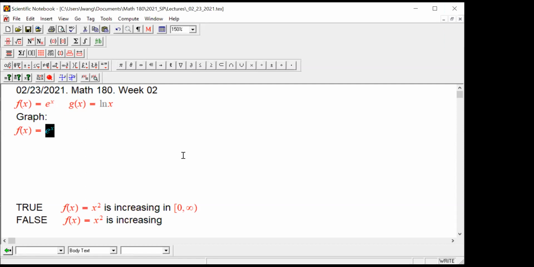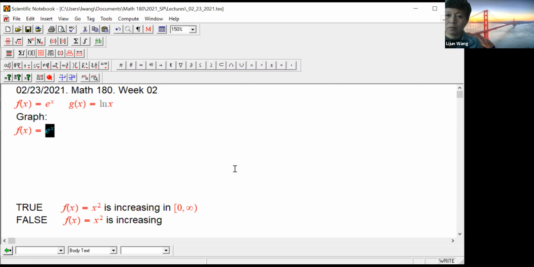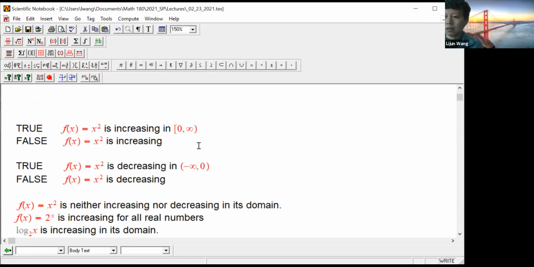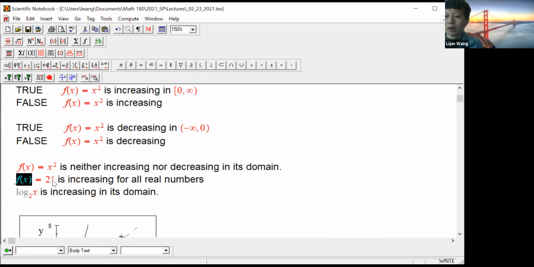Wrong. It's log base 10. No, no. These two are inverse functions of each other. Okay? 2 to the power x and log base 2 of x, they're inverse to each other.